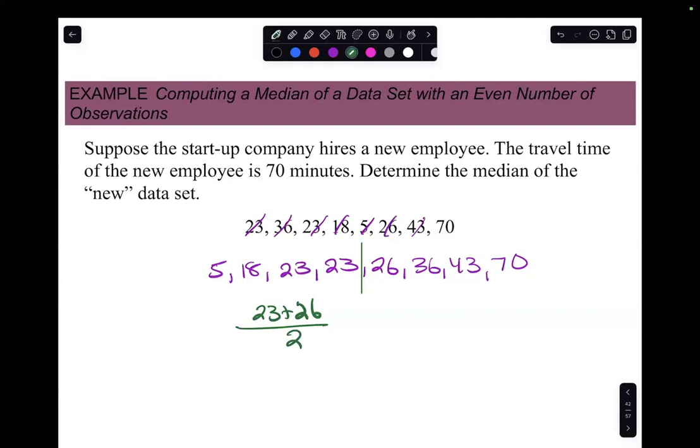You just add them together, and divide by 2. So that is the center. This right here is my median. It is smack dab between those two values. Not terrible, right?